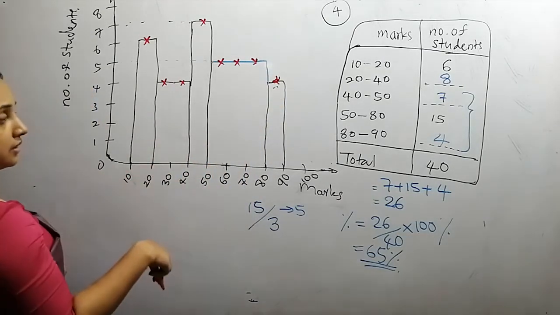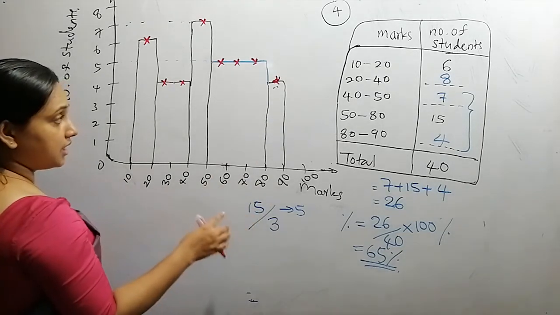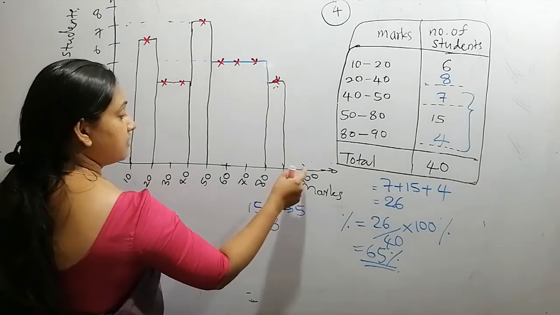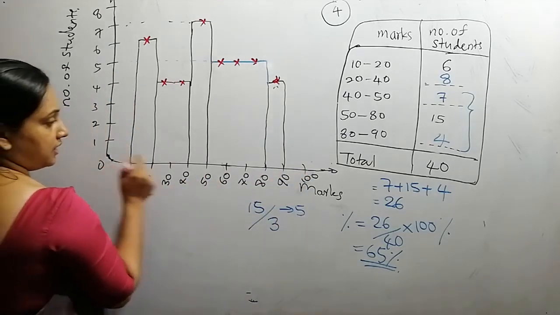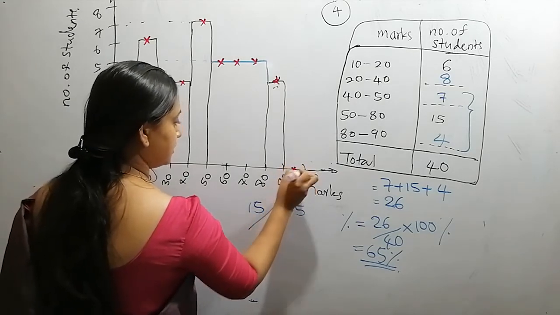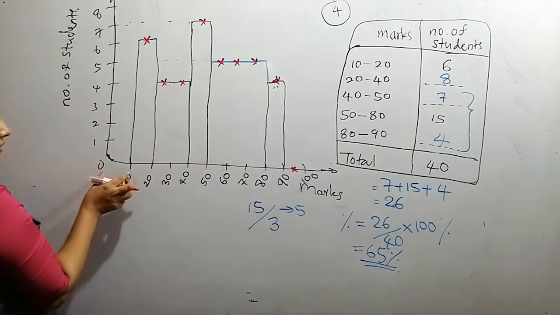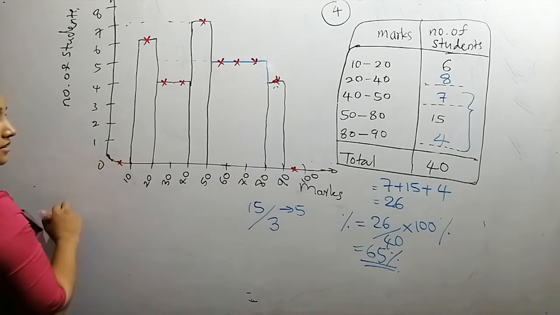And then we have to complete the frequency polygon. To complete the frequency polygon, we have to take one group from the upper end and one from the lower end. Here the next group is 90 to 100. Here the middle is this one. Here the previous group is 0 to 10. Here the middle is this one.